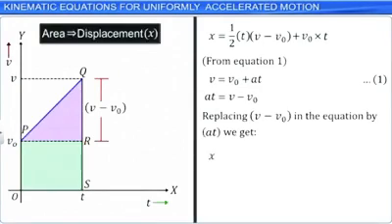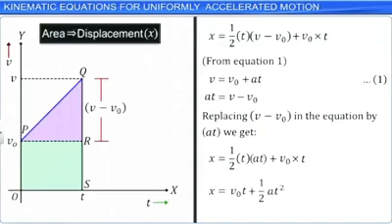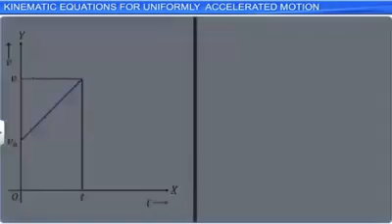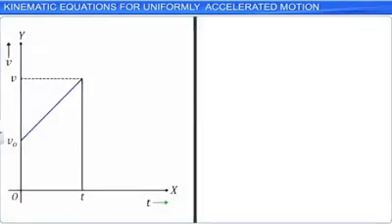The third equation is the relation between initial velocity v0, final velocity v, acceleration a, and displacement x. The average velocity of a body, v dash, is half the sum of v and v0, where acceleration is constant. We know that displacement is the product of average velocity and time.